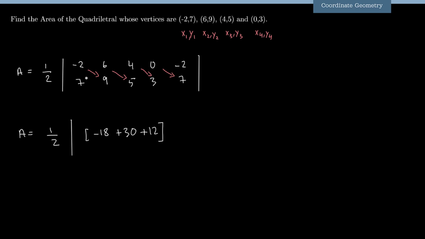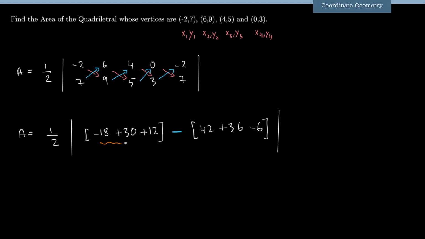Then next, I'm going to multiply the numbers in this diagonal. So 7 times 6 is 42, and then 9 times 4 is 36, so plus 36, 5 times 0 is 0, and then 3 times minus 2 is minus 6. And remember, there is a minus sign between these two brackets.